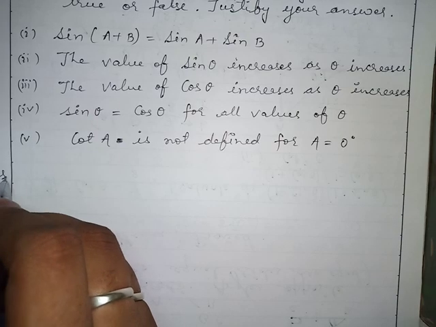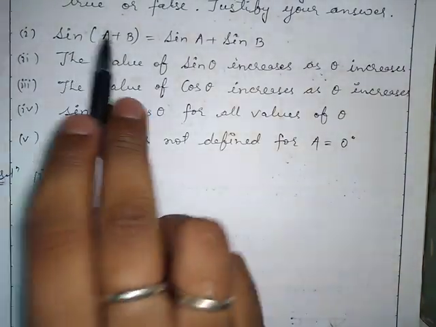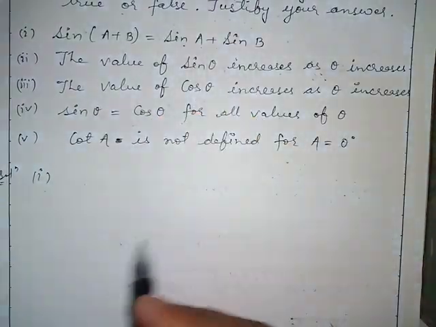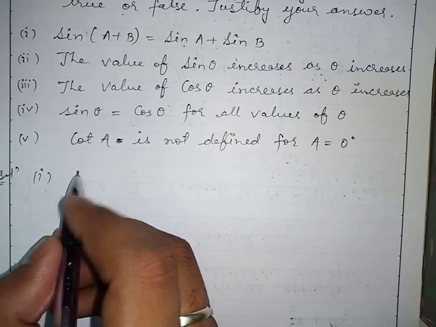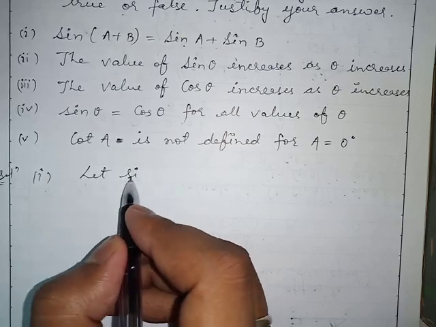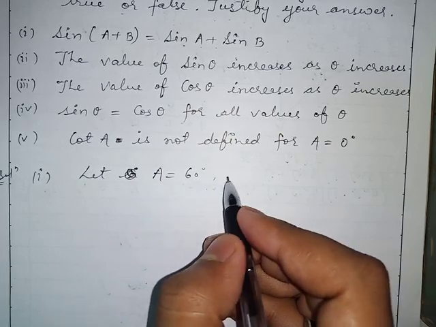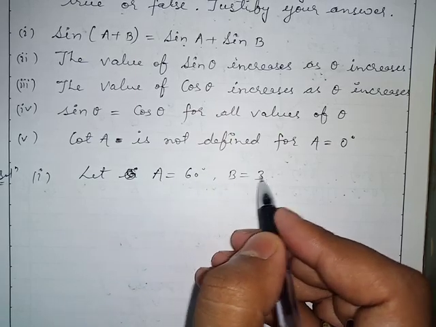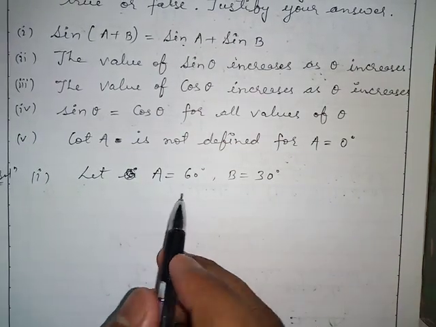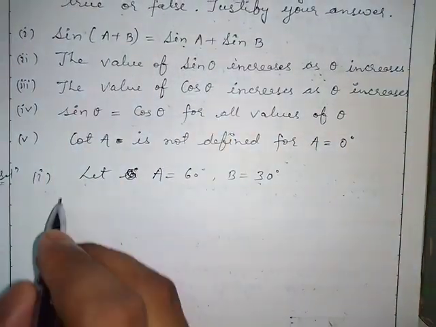Okay. So see what I do here. First one, sin(A plus B) is equal to sin A plus sin B. Is it correct or not? You have to check it. Suppose I take A is equal to 60 degree and B is equal to 30 degree. Okay, you can suppose any angle. So you have to put these two in this equation.